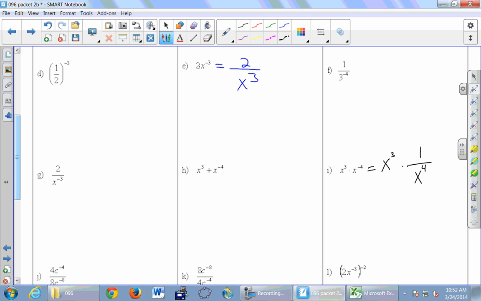The x cubed is upstairs, so if you just had that up there, you wouldn't need to put a 1. You could do that, yes, absolutely. Okay, so this is fine, and now we're going to cancel some of these x's. So how many x's are left over, and where are they? There's a single x left on the bottom, because there's more of them down there. Those 3 x's cancel with 3 of the 4 that we have on the bottom, and still that placeholder of 1 on the top. So 1 over x is done. No negative exponents.